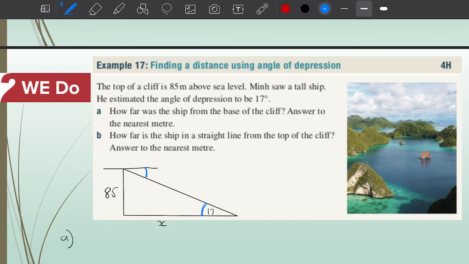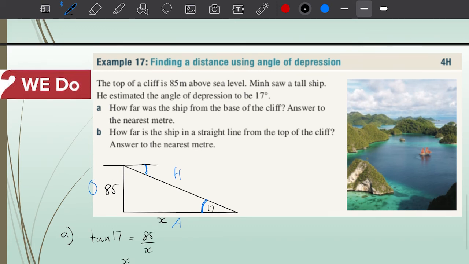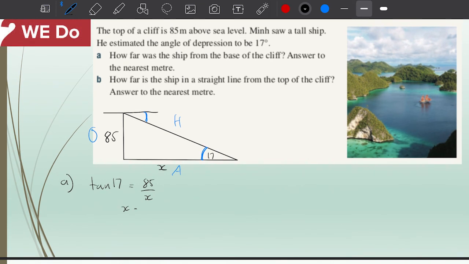So what sides have we got? We've got opposite, we've got adjacent. So we need to use tan. Tan 17 equals opposite 85 over adjacent, which is x. Remember, in this situation where we have the x on the bottom, we're just going to swap places with the trig.